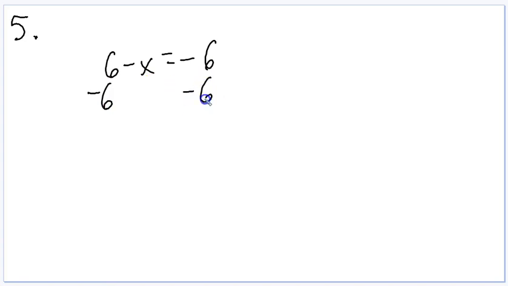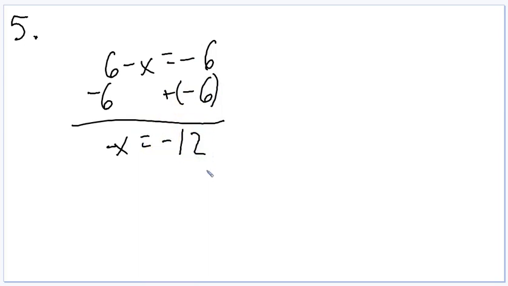So on both sides, this is going to end up being adding a negative 6. So we get negative x, because we keep change. Negative x equals negative 12. Okay? Negative 6 and negative 6 makes negative 12.